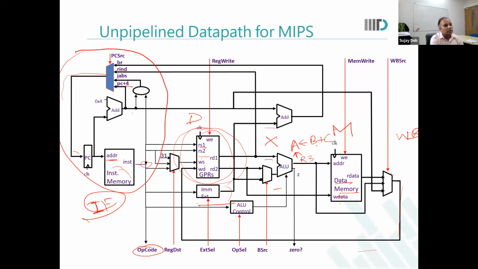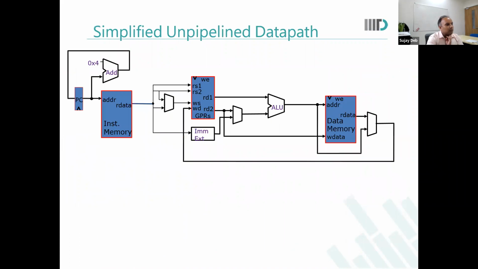So after the execution stage, you will get the result B plus C, which is available as the ALU result output. Now this value needs to be stored in R3. That update of R3 will happen in the write back stage. In the write back stage, you take the result, and that result gets updated into R3 of our register file. Okay, so these are the 5 stages.